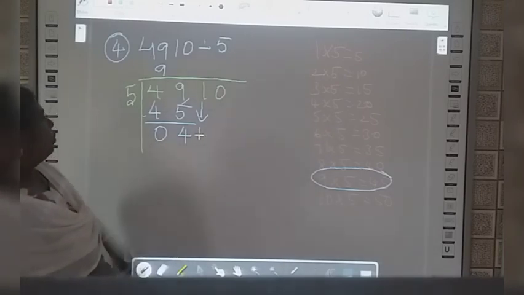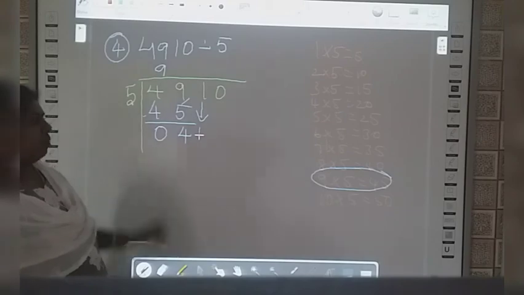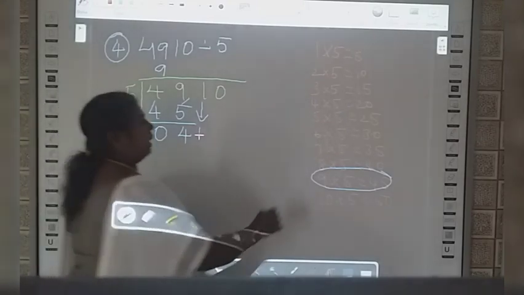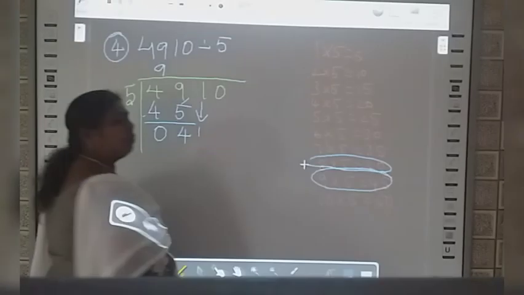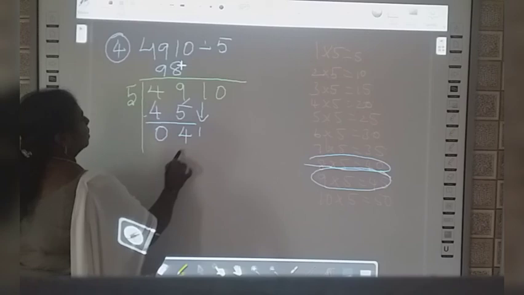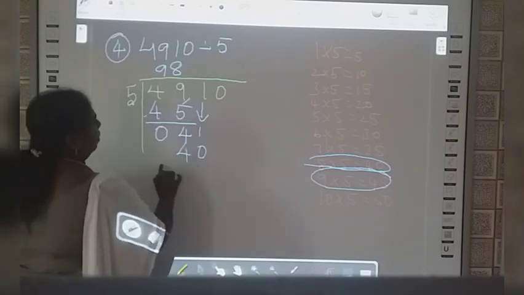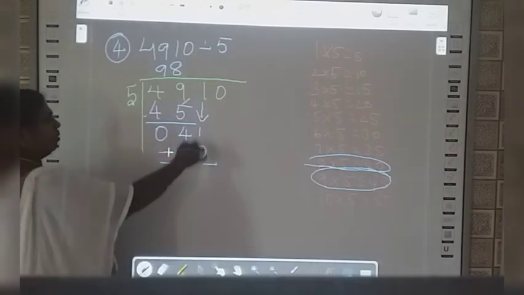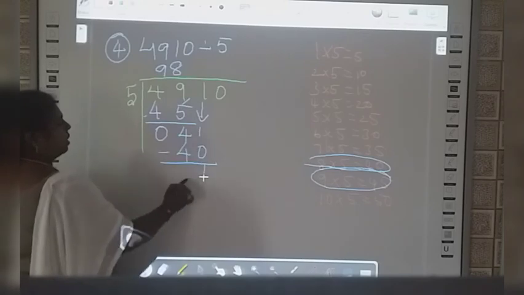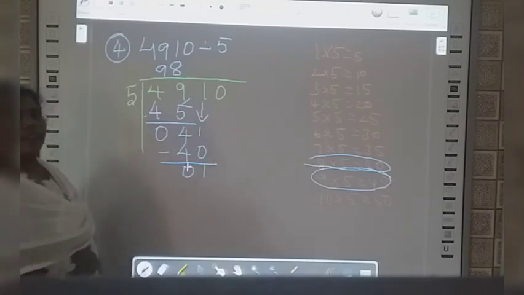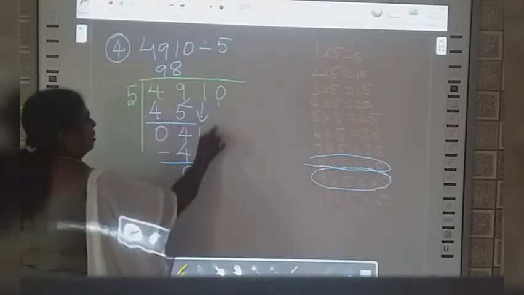Okay, now 41. 41 means how many times in the table? 8 times. 8 times 5 are 40. So, quotient 8. Now, subtract 1 minus 0, 1. 4 minus 4, 0.